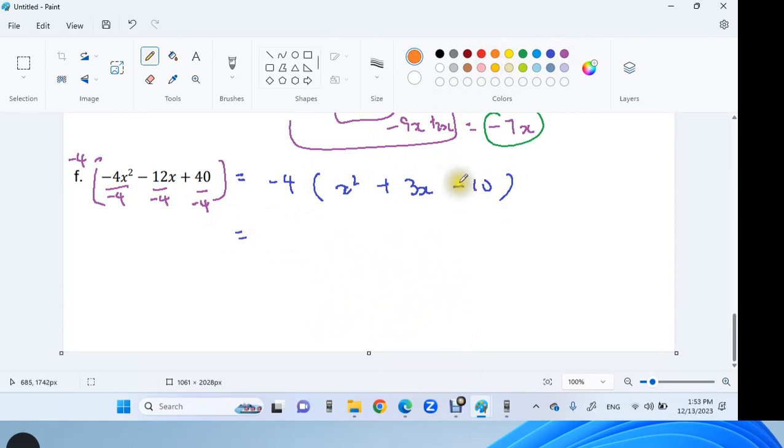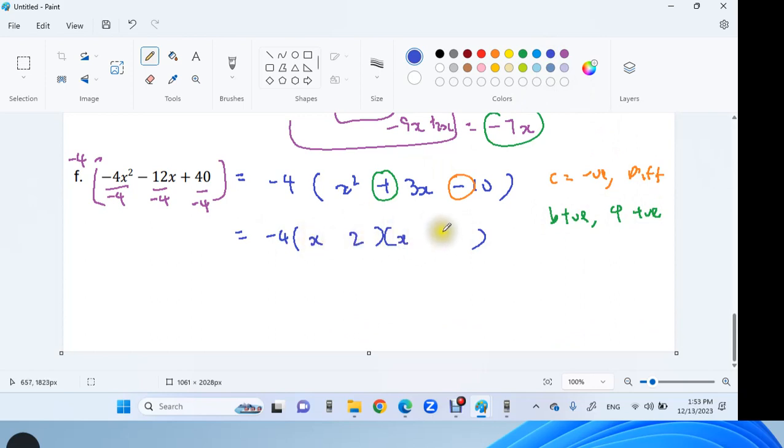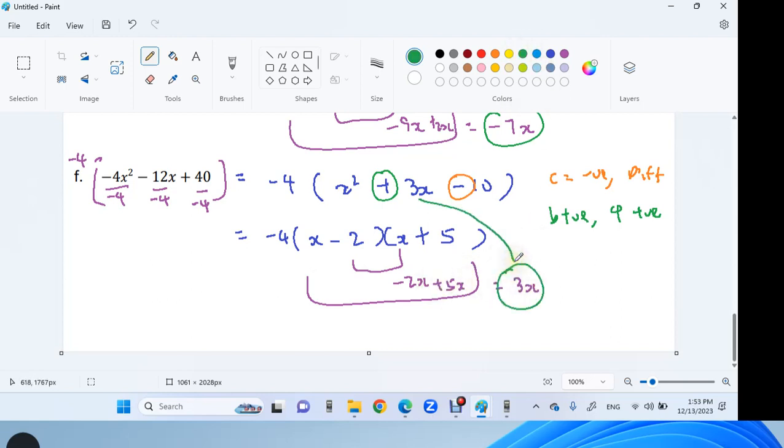Now only we look at the value of C. C is negative, so it is different sign. And then B is positive, so the larger value is positive. So negative 4, then we have the x, 2 times 5 is 10, and plus 5 minus 2. We have the negative 2x, and we have the 5x here, then it becomes 3x. So this 3x is the same as the 3x here.